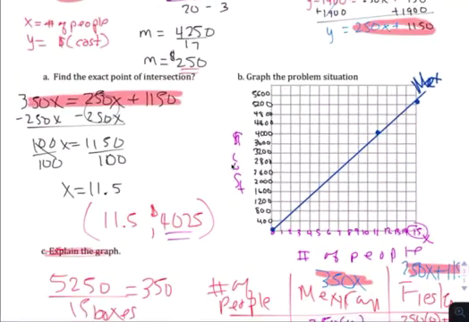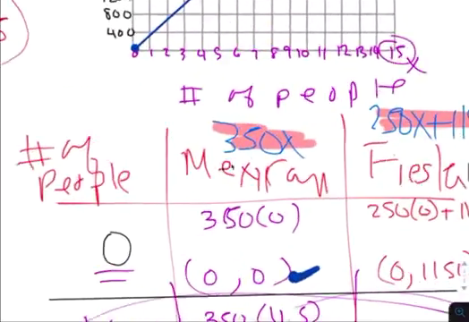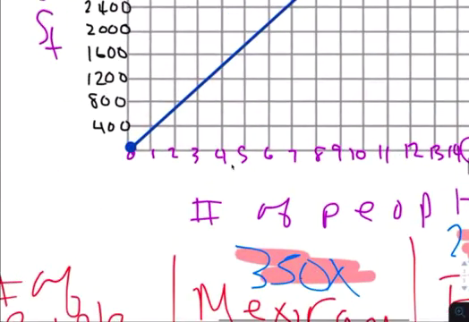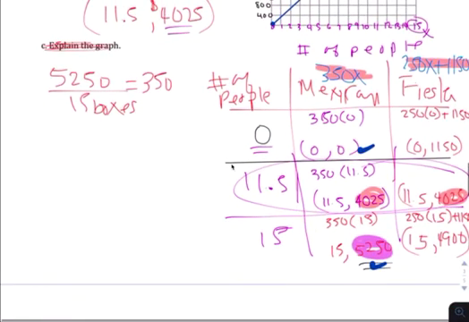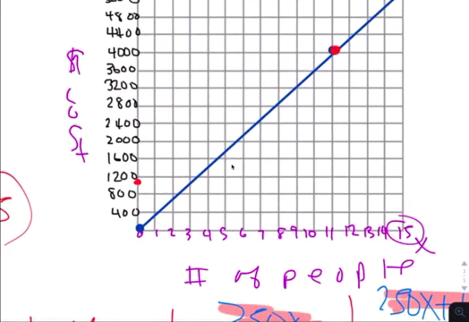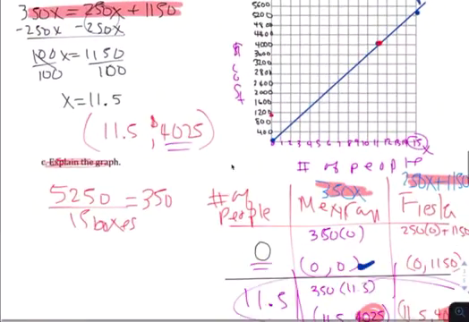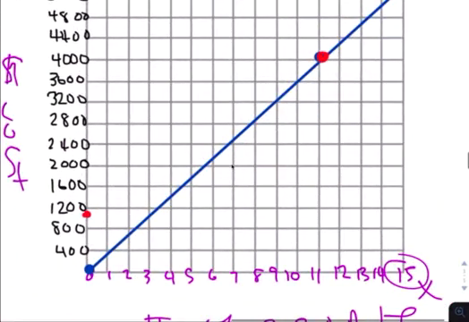And then the other one is Fiesta. 0, 1150. And 11.5, 4025, same dot. And then 15 is 490.